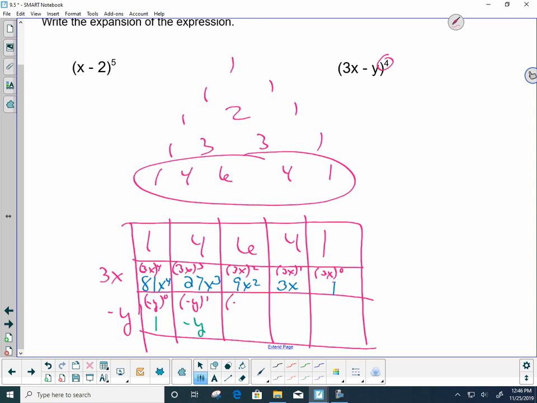Then I'm going to have negative y squared, which will be positive y squared, because negative times negative is positive. Then negative y to the third will end up being negative y to the third. And then negative y to the fourth, again, I'm raising it to an even power, so it'll become positive. So this would be y to the fourth.